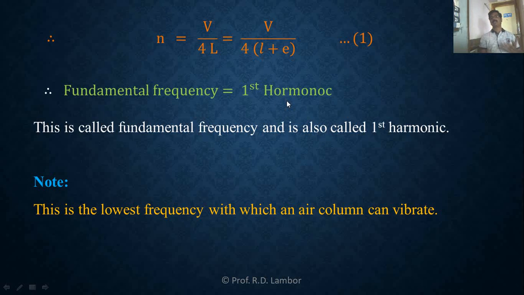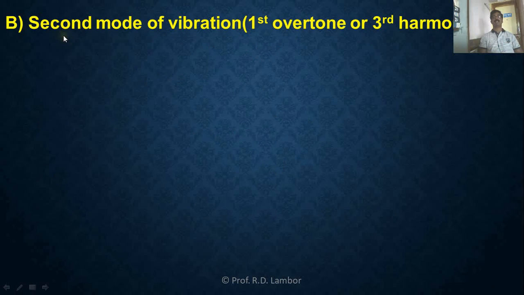So let us learn the second mode of vibration. See here, the second mode of vibration, which is also called the first overtone mode. And depending upon which multiple of the fundamental frequency it is, maybe third, second, fourth or fifth harmonic, here the first overtone frequency gives us the third harmonic. And in this second mode of vibration the air column is vibrating with 1.5 loops.